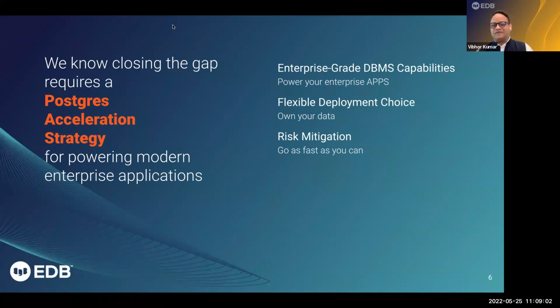It is pretty clear that people are using Postgres in the cloud, and that's what the flexible deployment choice is. Most enterprises are looking for flexible deployment choices, whether they want to run Postgres in the public cloud, private cloud, or on-prem, and they want Postgres to be available in those cloud providers.